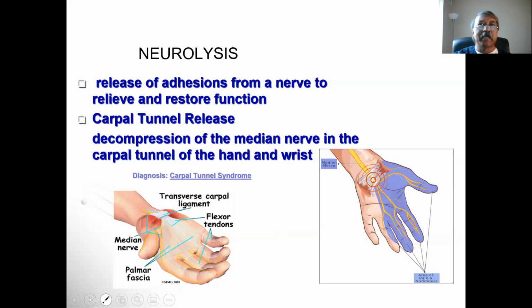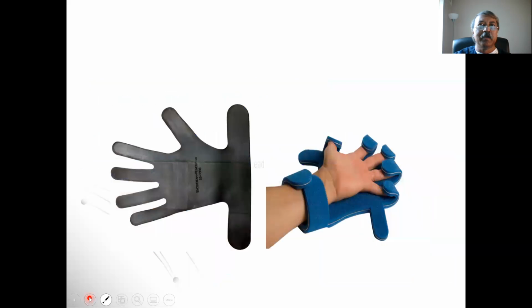One object that we use is a lead hand. Lead is malleable. So this structure can be used to retract fingers while the surgeon is operating on the carpal area or any area around this section of the hand.